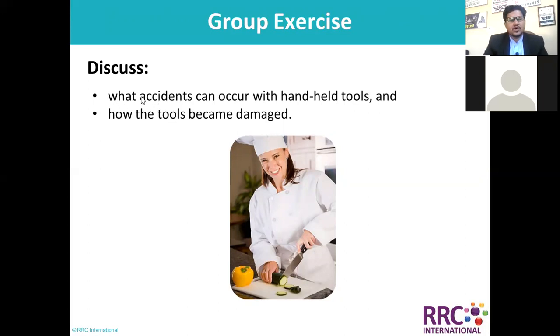Okay, so let's discuss only the accidents, in the chat box. What do you think? What kind of accidents can occur due to handheld tools?